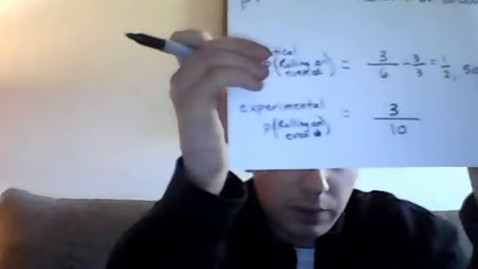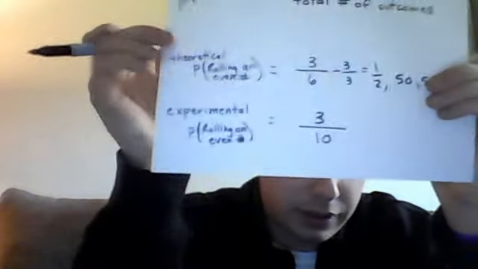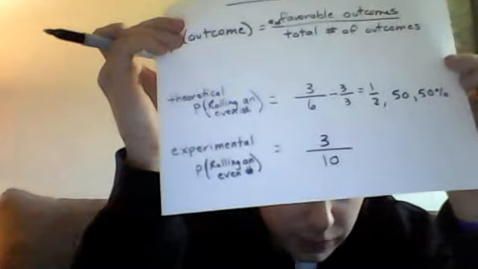So it only landed on 2, 4, or 6 three different times. Right now, my experimental probability is 3 out of 10. This would be 0.30 as a decimal and 30% as a percentage.